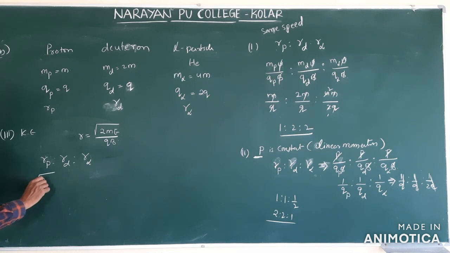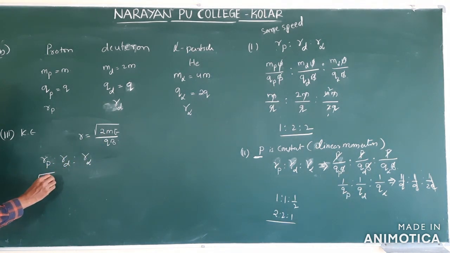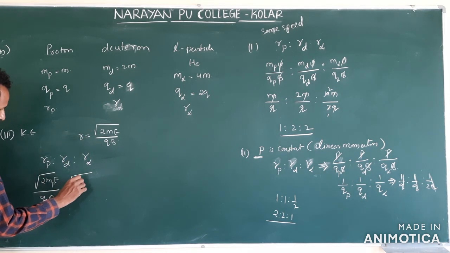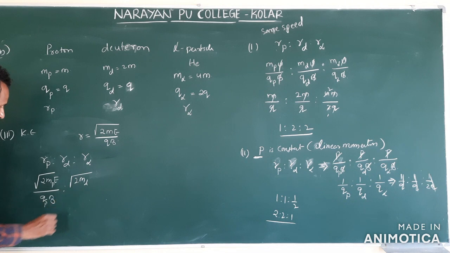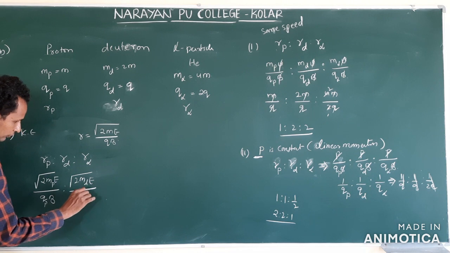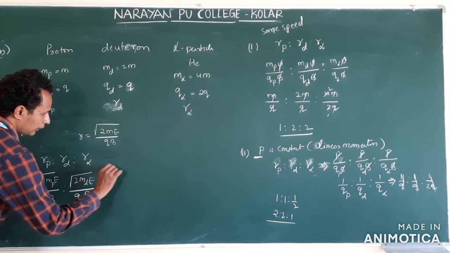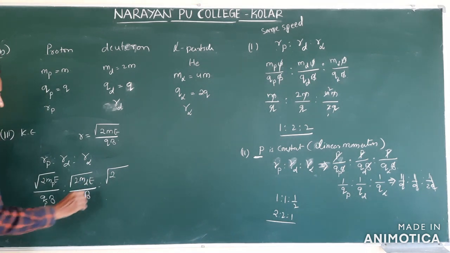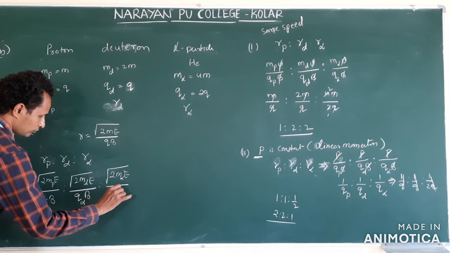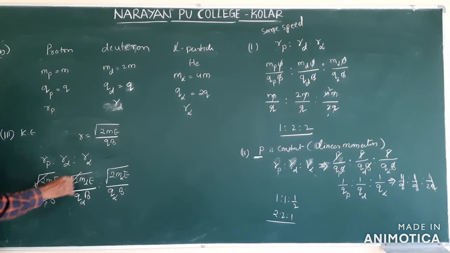Then how do we write this? Under root of 2 mass of proton, energy remains same, by Q of proton B, B remains same. Is to under root 2, as it is, M deuteron into E remains same, by Q deuteron B. Is to under root 2 mass of alpha, energy remains same, by Q alpha B. Root 2 cancel.